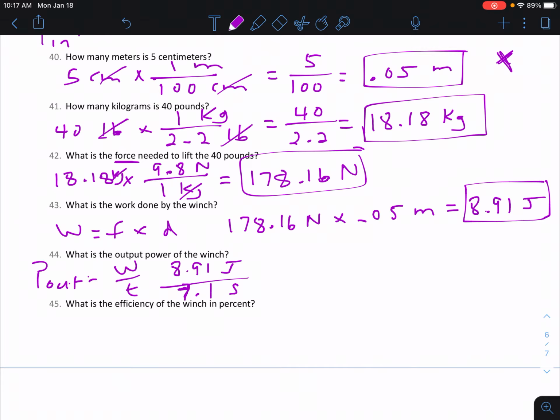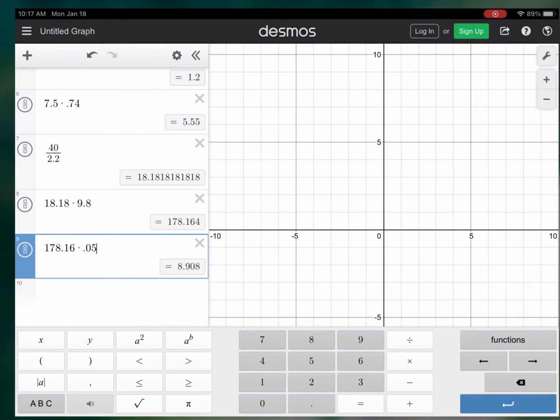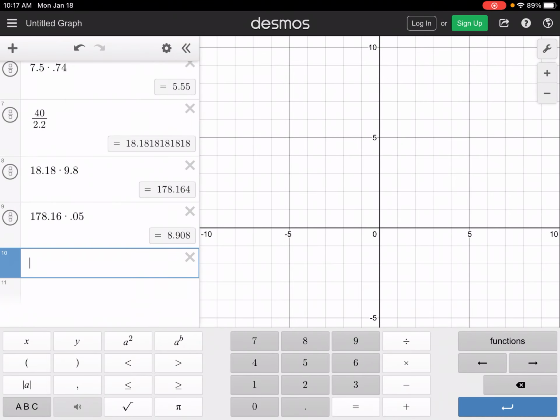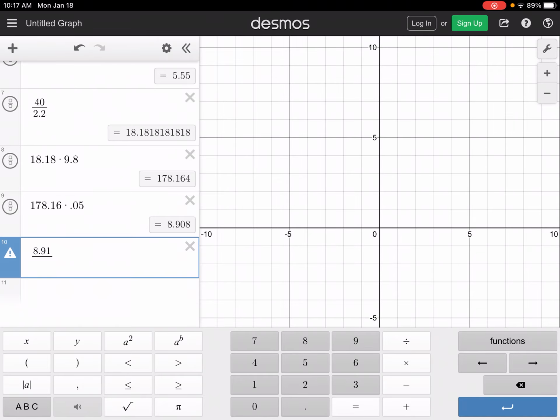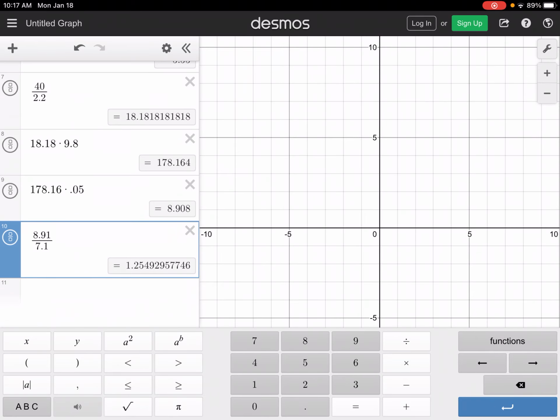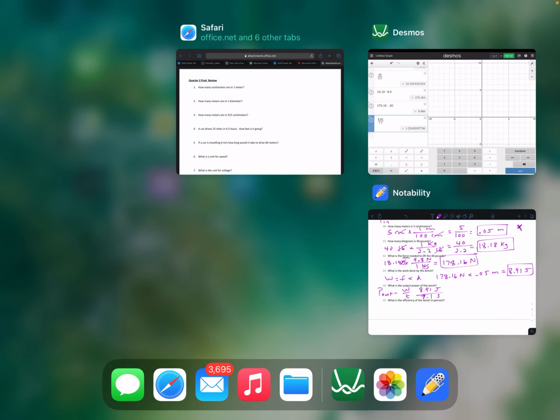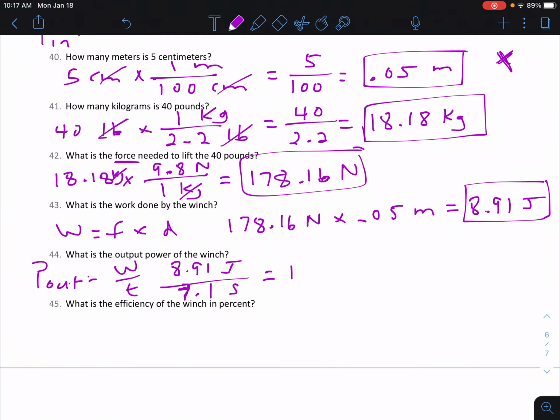Joules per second. 8.91 divided by 7.1 is 1.25 joules per second. That is also watts.